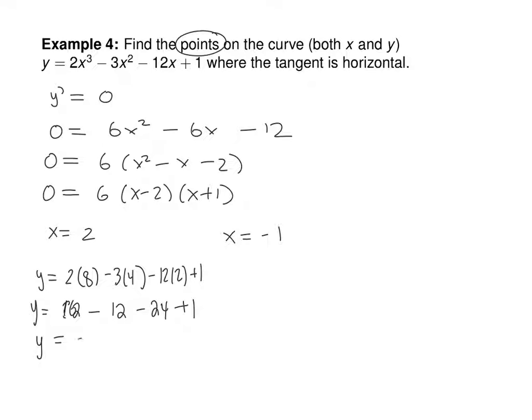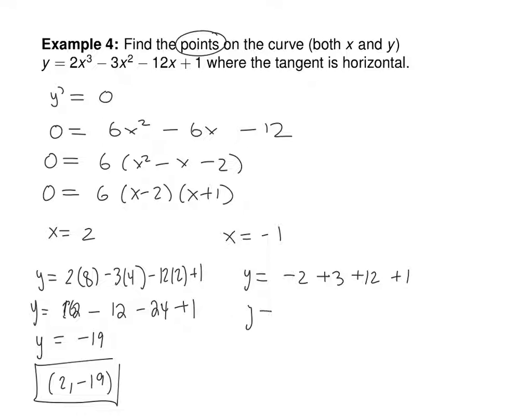Negative 19? Okay, so it's 2, negative 19. It's got to be negative 2 plus 3 plus 12 plus 1. Do you agree with that? I lied, 2 times 8 wasn't 32. So y is equal to 14.